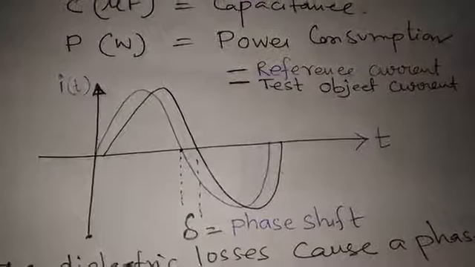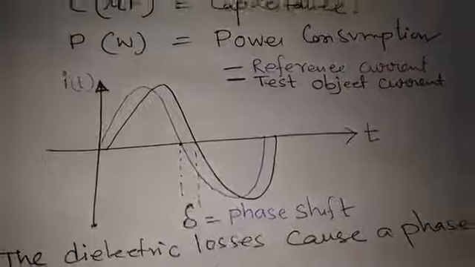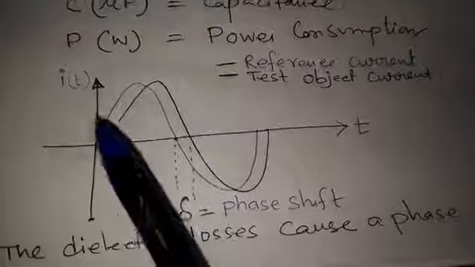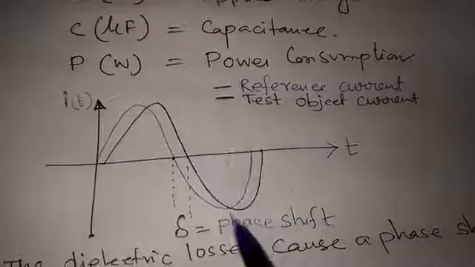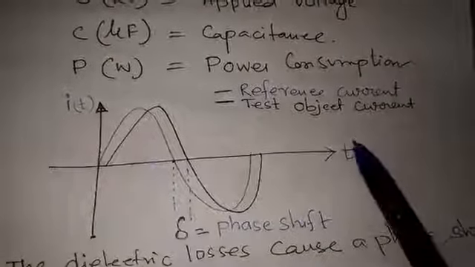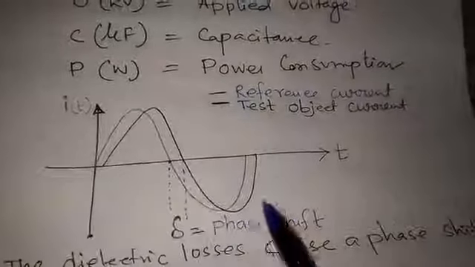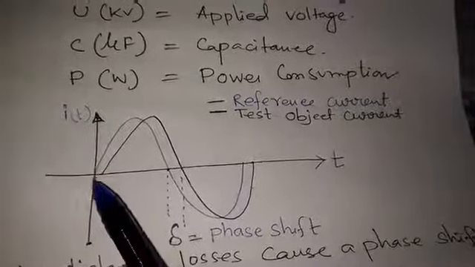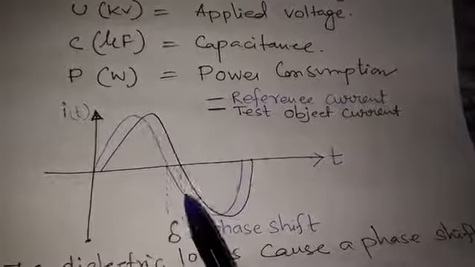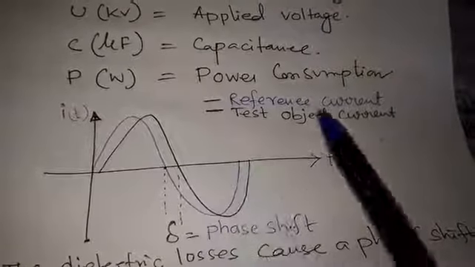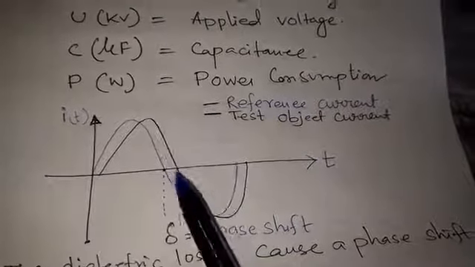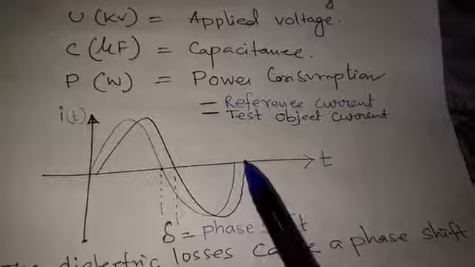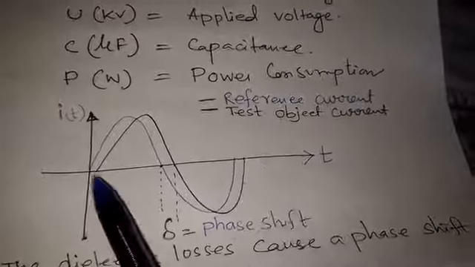If we look at the diagram or the waveform here, this is the current axis and this is the time axis. Current is flowing as per the waveform. This blue waveform is the reference current that we apply, and after testing we get the black waveform, the test object current.